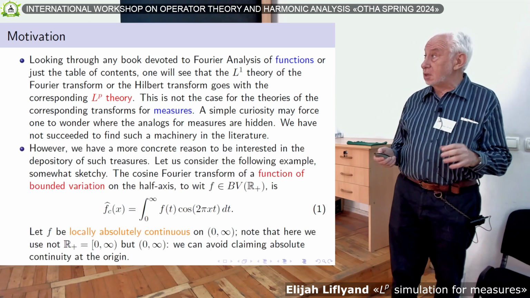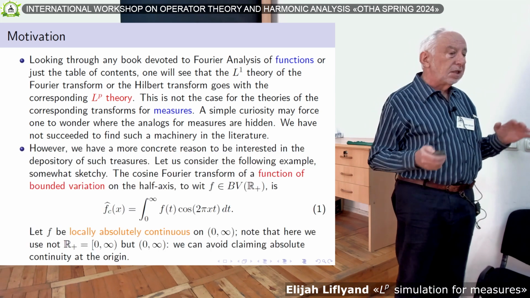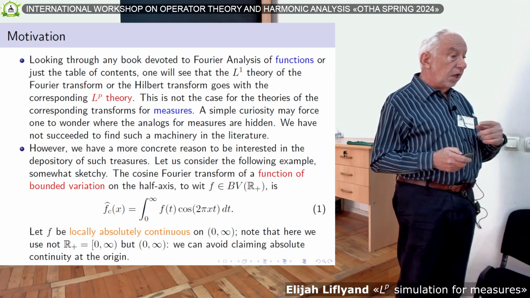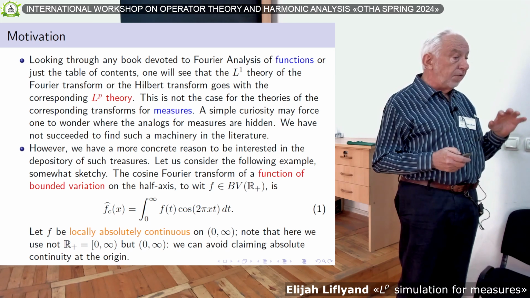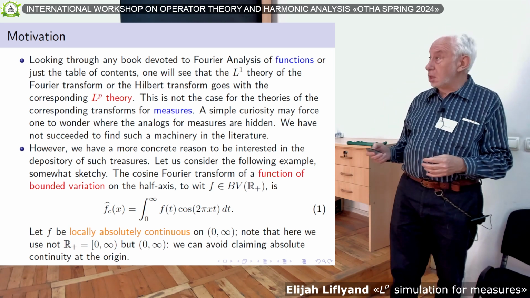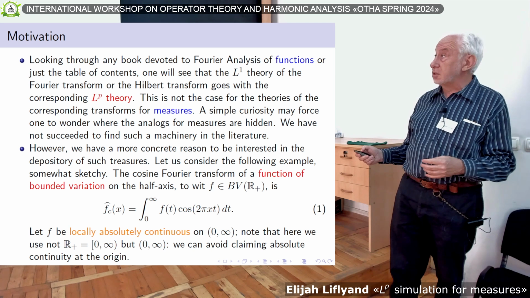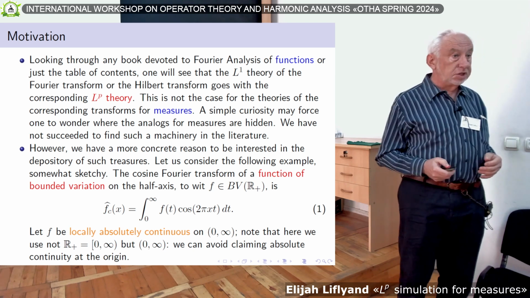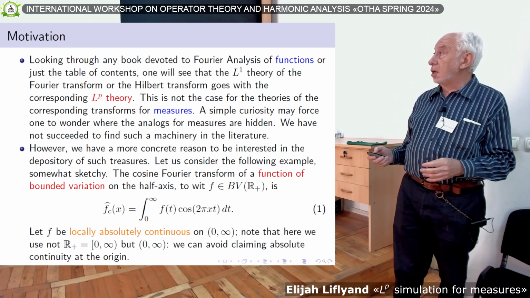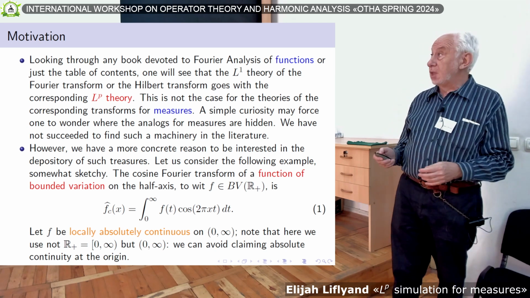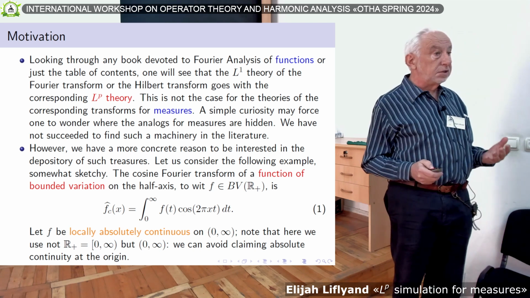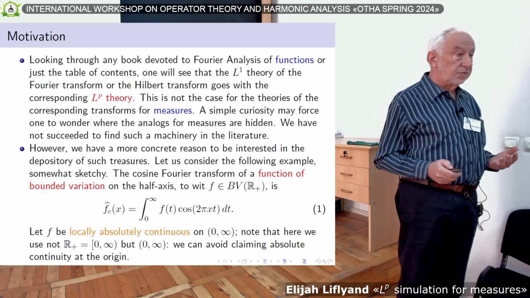I give you a partial problem, not the whole problem, the easiest part of the problem, and will show you where we face a need for some additional tools. We consider the cosine Fourier transform of a function of bounded variation on the half-axis, locally absolutely continuous, vanishing at infinity, and you wish to know about the behavior of this Fourier transform.